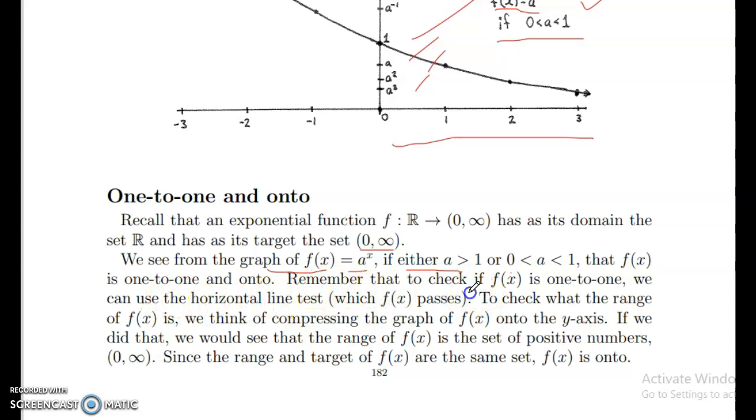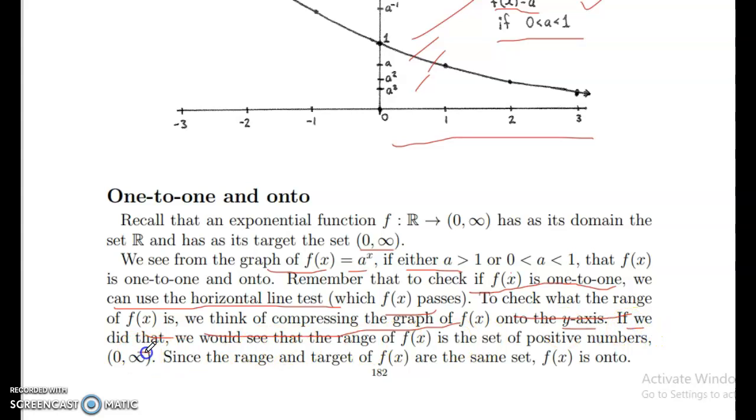Remember that to check if f of x is 1 to 1, we can use the horizontal line test, which f of x passes. To check what the range of f of x is, we compress the graph of f of x onto the y axis.